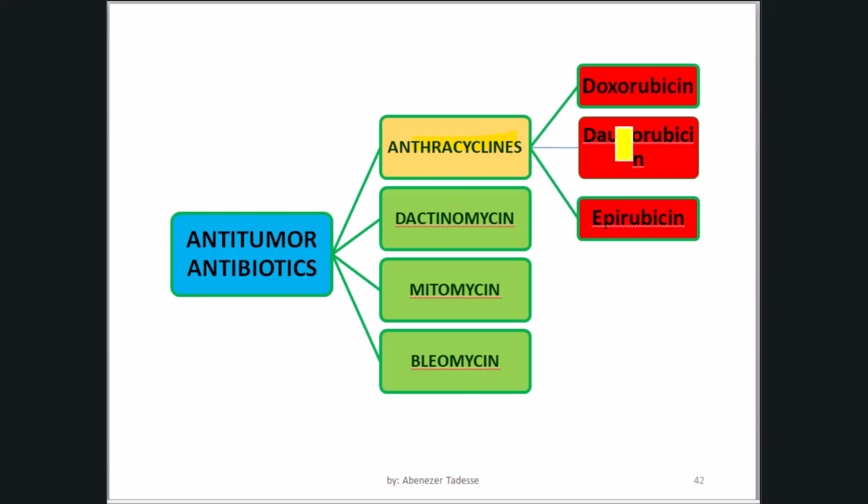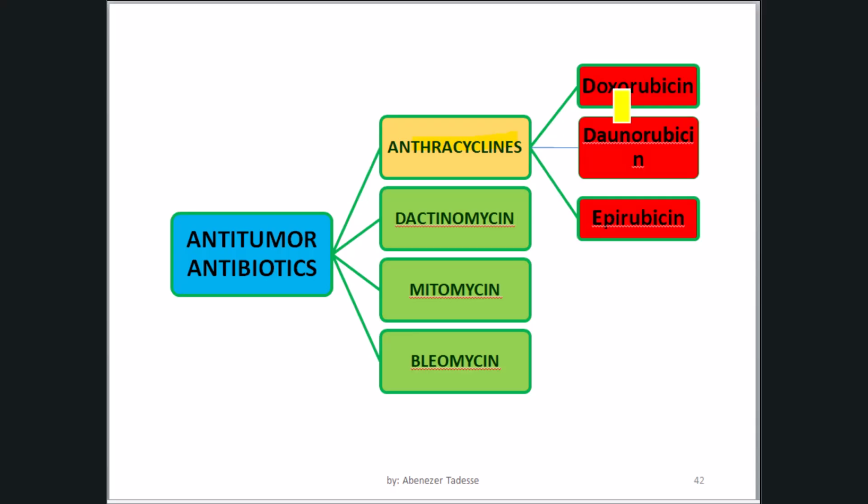These are normally associated with severe side effects or toxicity. Mostly we do not recommend these medications. They result in cardiotoxicity because they form a complex with iron within the cardiac tissue. After forming, they are reduced to form highly reactive species like reactive oxygen species.